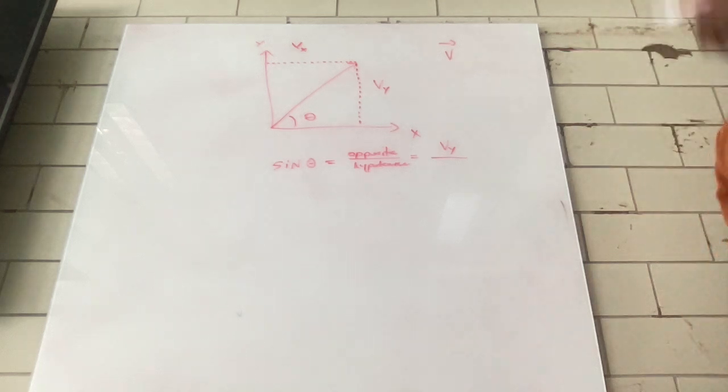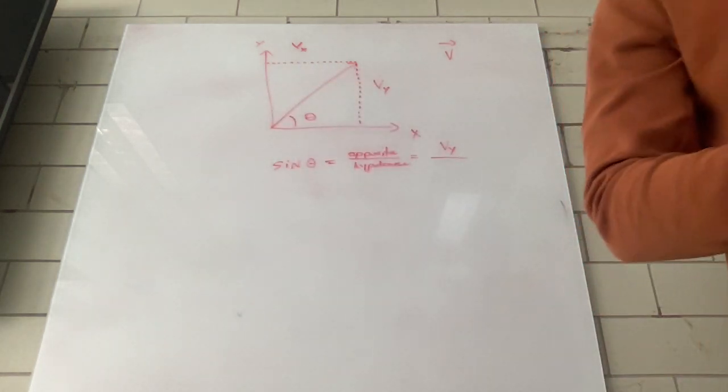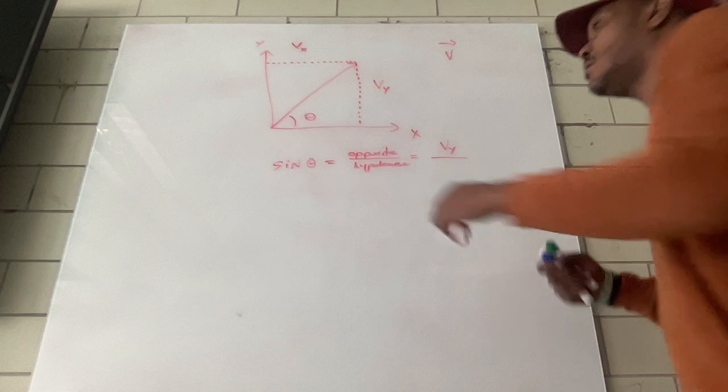What does it mean? What is the hypotenuse of a triangle? The longest side of a right triangle.